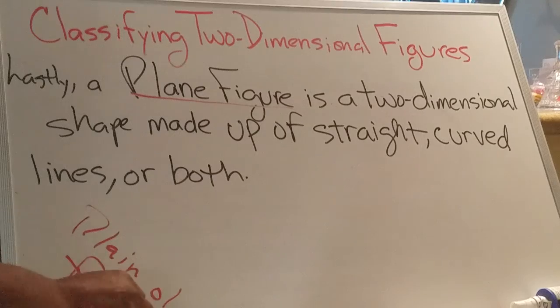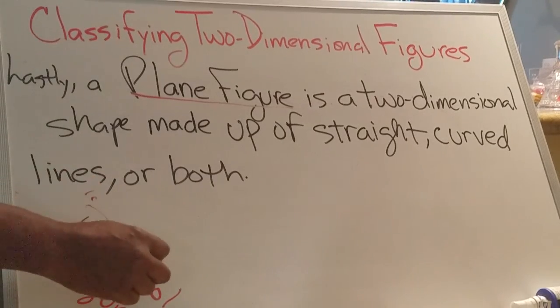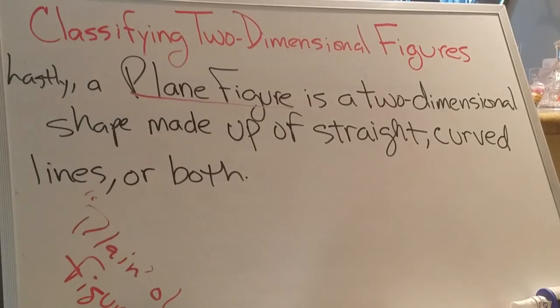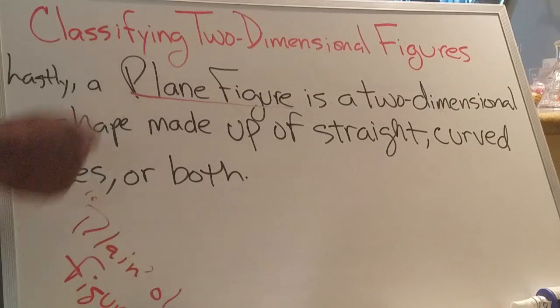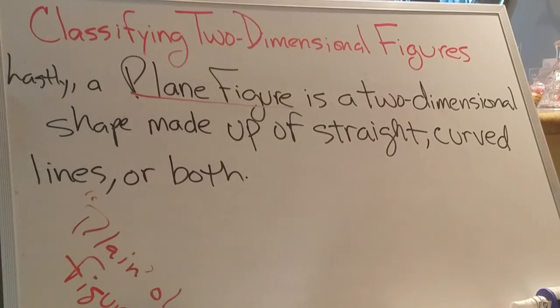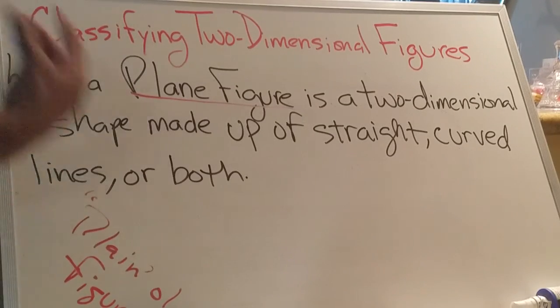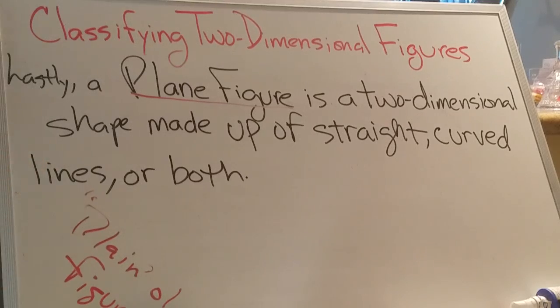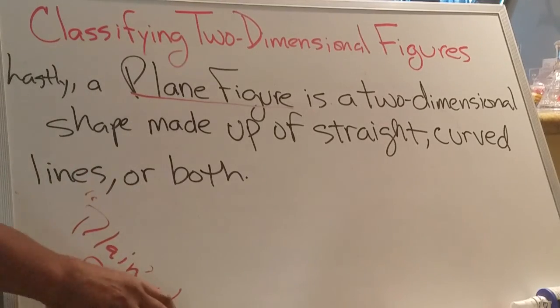Figure means shape. It's just a plain old shape. So almost everything fits into that. All the different types of triangles we mentioned today, all the different rectangles and polygons, they all are plane figures.